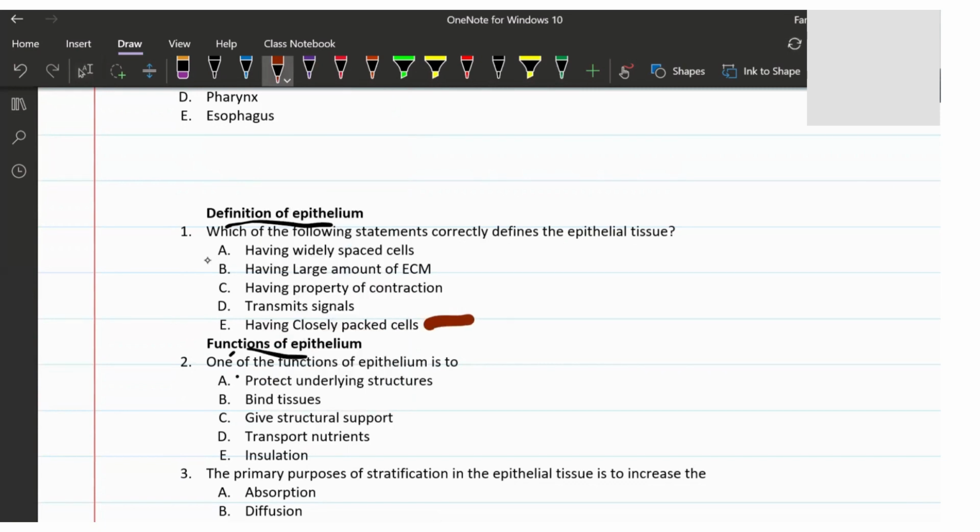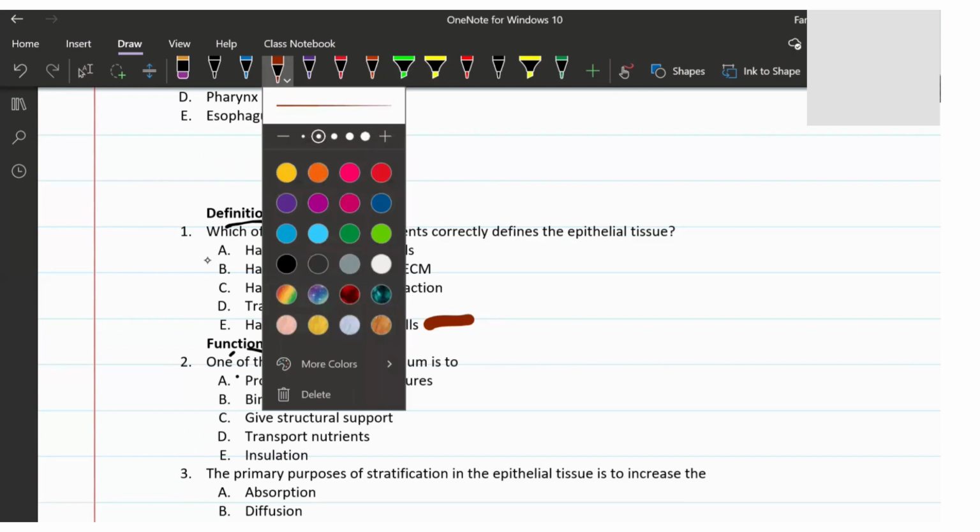Having closely packed cells and with little amount of extracellular matrix. Now, they don't have widely spaced cells. They have little amount of extracellular matrix and the property of contraction. So the epithelial tissue itself doesn't have the property of contraction. Rather, some of its cells, one of its cells have the property of contraction, that is the Myoepithelial cells.